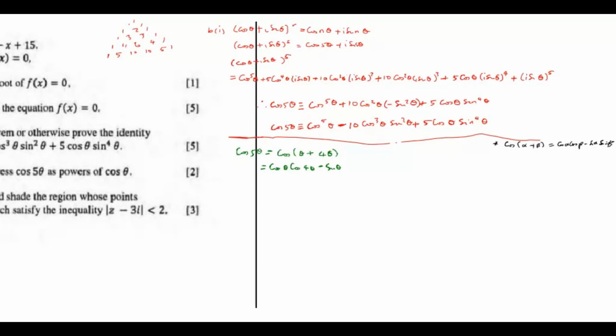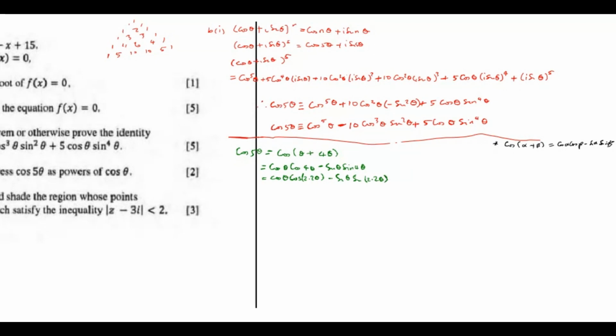So it's cos theta, this one is double angle, so it becomes cos 2 times 2 theta, minus sine theta sine 2 times 2 theta.